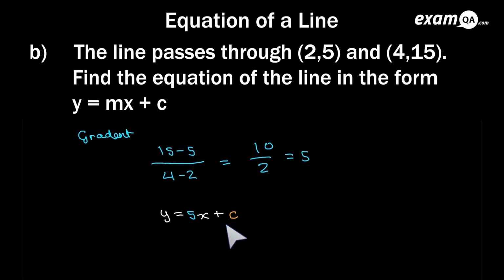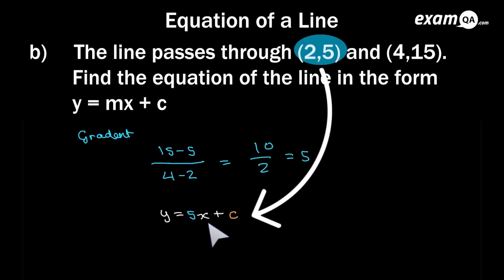The way we're going to do it is sub in one of the coordinates into our equation as it is now. You could choose either of the two coordinates, because they both are on your line, both of them will give the same c value. I'm going to choose to sub in the coordinate (2, 5). So we'll sub y in as 5 and x in as 2, and by rearranging, we can simply solve what c is.